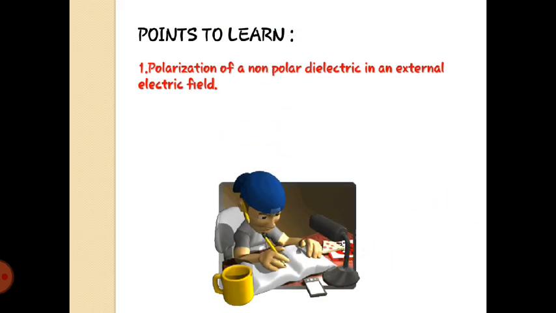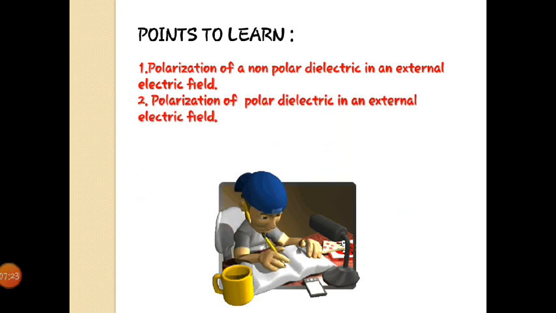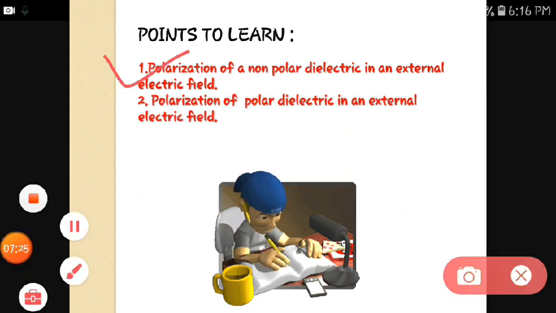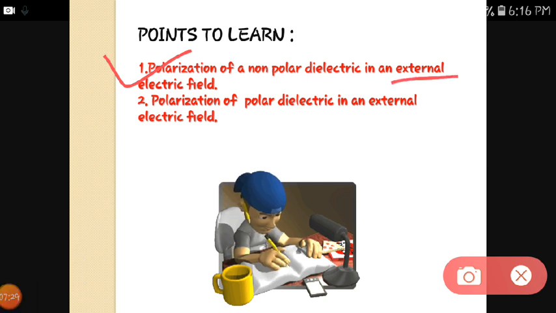So in this lecture we are going to learn the same points: polarization of non-polar dielectric in external electric field. When non-polar molecules come in contact with the external field, what exactly happens over there? Does dipole moment get created or decrease? Does current flow through it? That we are going to see in this lecture.